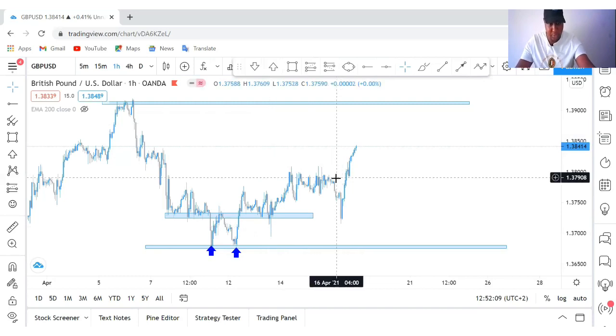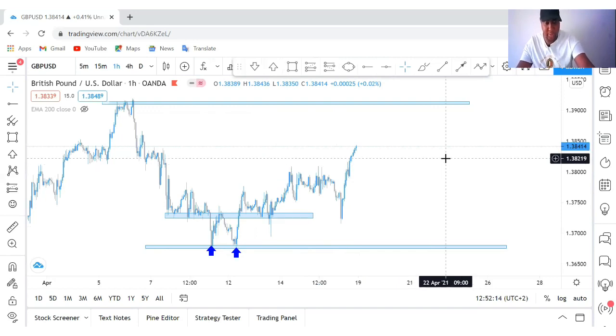So what's the next thing? Looking at the market structure, you trade with the trend. You do not trade against the trend. You have a higher probability, a higher chance of getting profitable trades when you trade with the trend rather than against the trend.